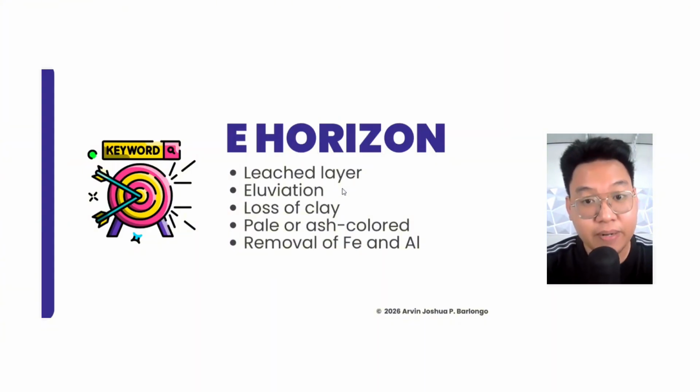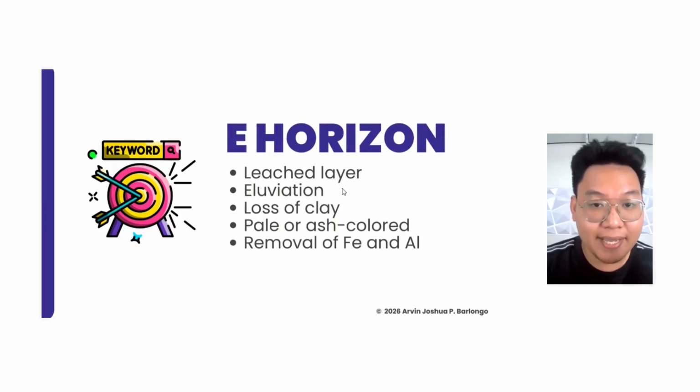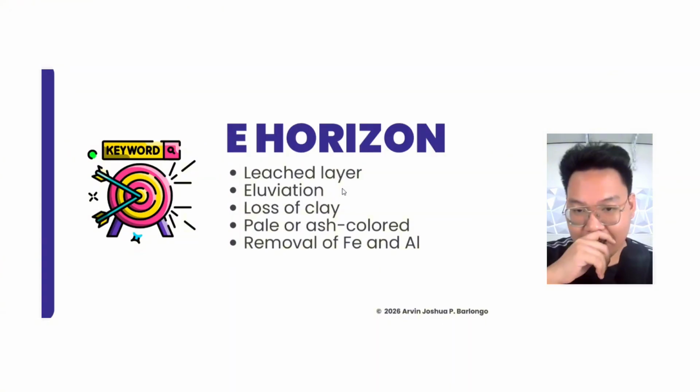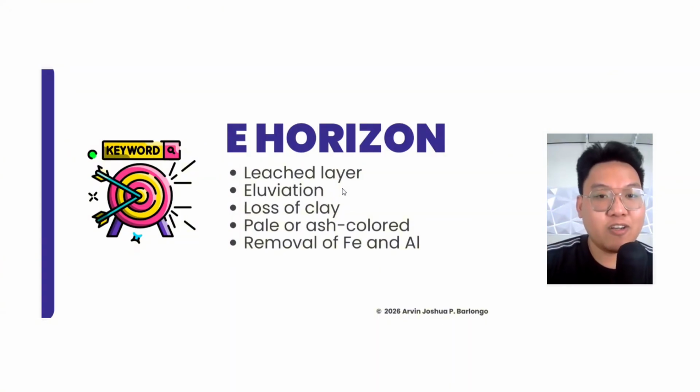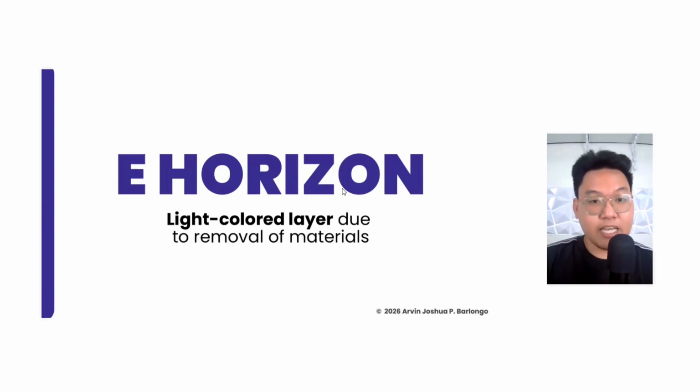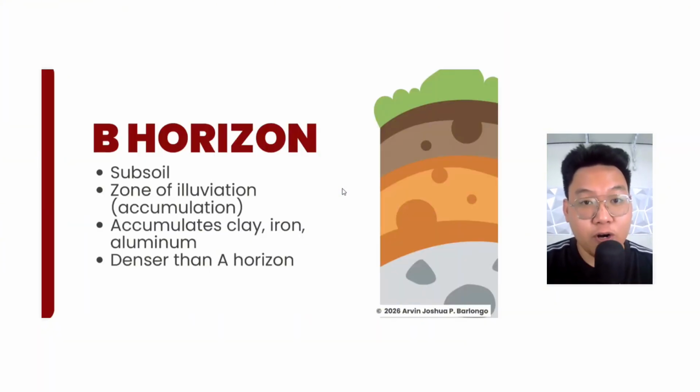So, removal, loss, leach, lahat sila nagpo-pertain sa washing out. Okay? So, ayun ang E horizon. E for elimination, para mas madali. Ang distinguishing characteristic niya is that it is a light-colored layer due to removal of materials. Okay. Next is B horizon.